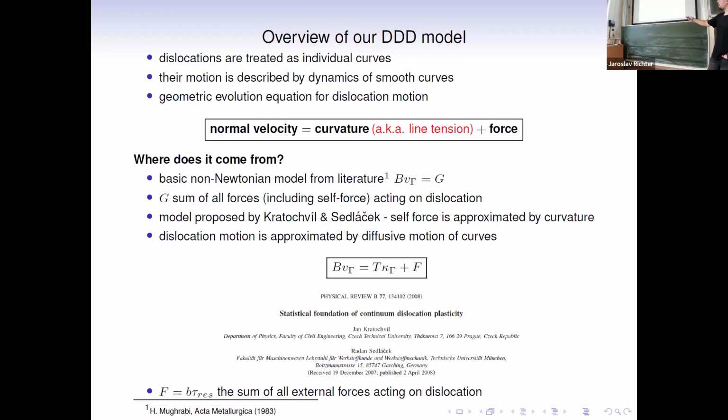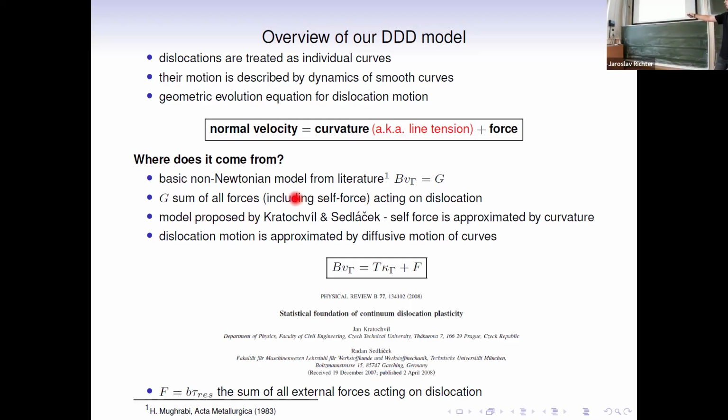And the fact is, in the dislocation community, they practically use such a non-Newtonian model, where B stands for the physical parameter, the drag coefficient, and the velocity is proportional to the sum of all the forces, including the dislocation self force, which is responsible for straightening, trying for some energy minimization, and so on.